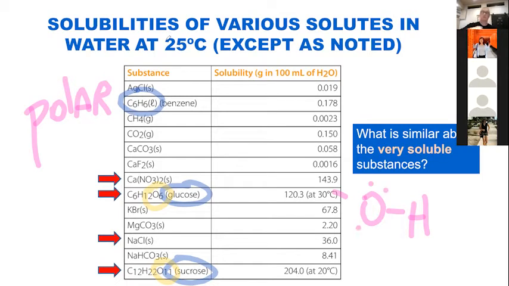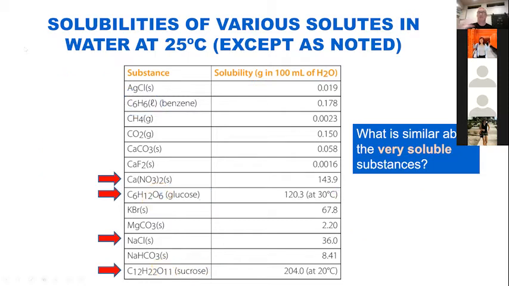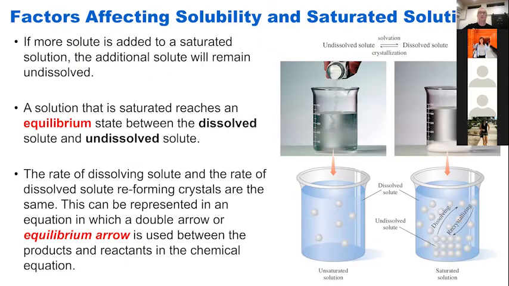So that's why they're even more soluble, because not only do you get dipole-dipole interactions, you get hydrogen bonding as well. And so you get very, very high interactions between the solute and the solvent, which is what you want for it to be soluble. So let's talk a bit about saturated and unsaturated solutions.